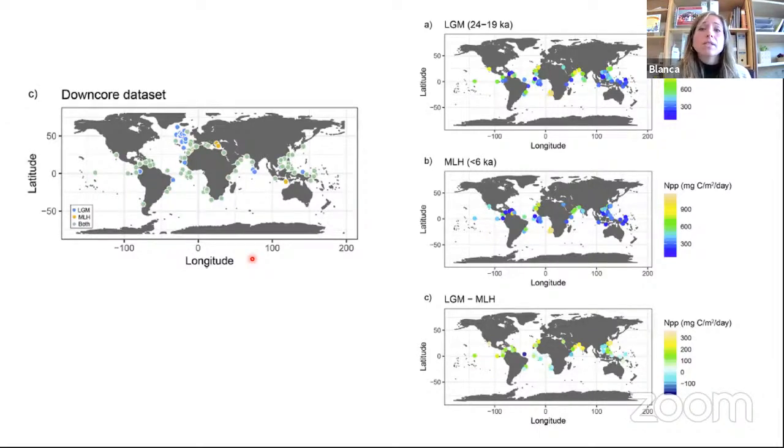With this, we wanted to apply our calibration model and track the past abundance of Florisfera profunda and reconstruct net primary productivity variations. These reconstructions, here you can see the results, show that net primary productivity was higher during the last glacial maximum compared to the mid to late Holocene at low latitudes, increasing carbon fixation and possibly impacting CO2 levels.